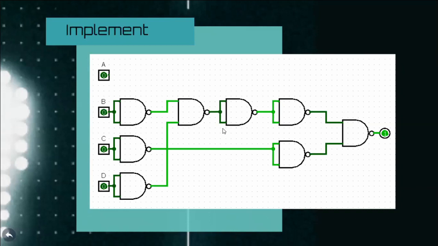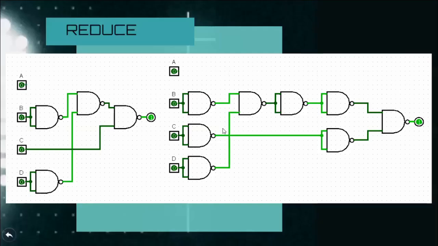But we are wasting a lot of gates here, and there is a way to reduce this circuit. So how do we do it? As you can see here, we have B and D being inverted, and then we have these 2 gates that represent a NAND gate. And then we have this NAND gate or inverter part of the OR.